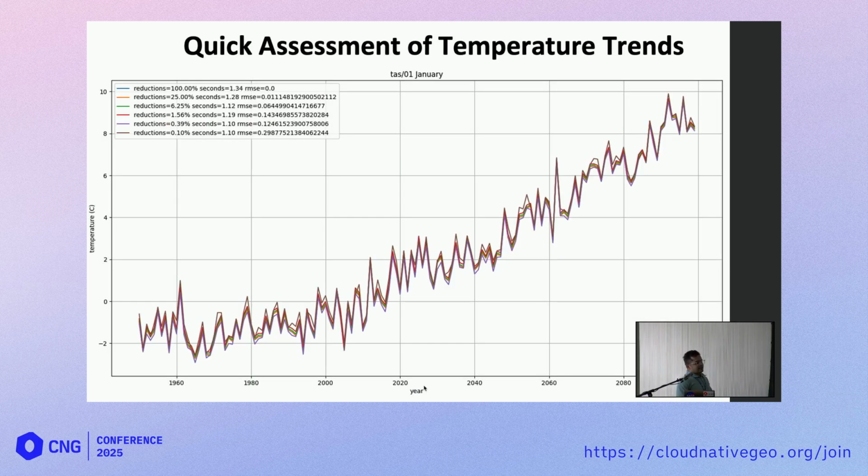We tested our framework with some workflows that were being developed at NASA JPL, where we plotted the temperature trends using 100% of the data and compared it with lower resolutions of the data sets. For example, we see that when we decrease the data quality to less than 1%, we can still see that the general trend of the temperature remains.